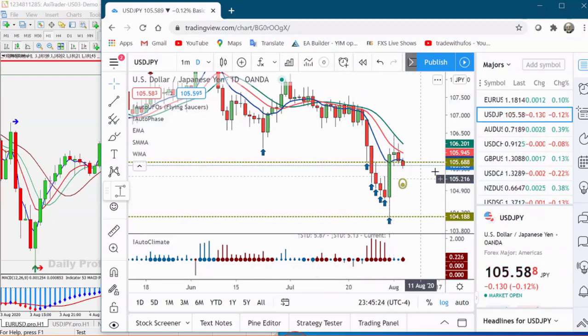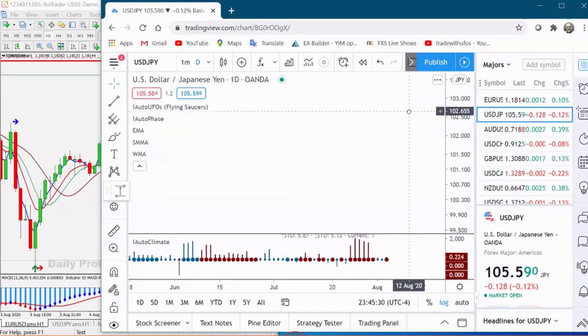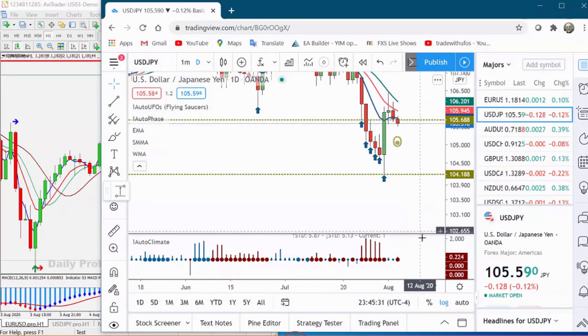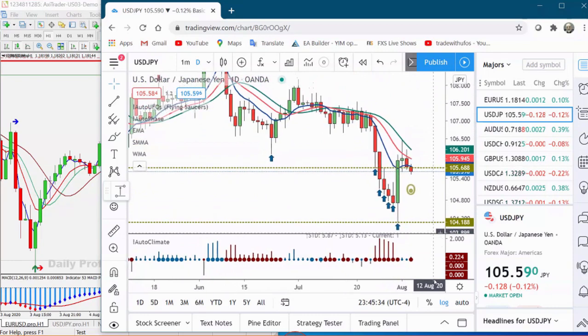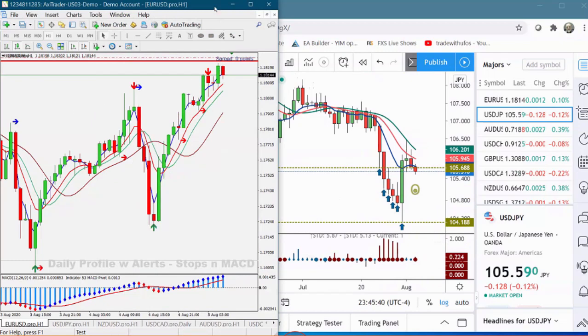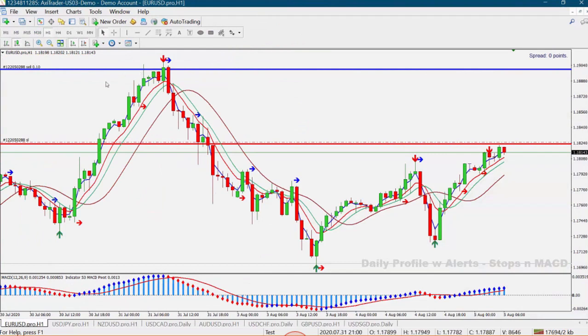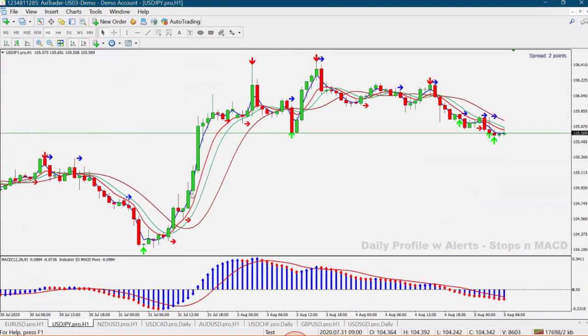So this is coming down. I want to see what's below here. I don't see anything below here on the daily chart. So this might be interesting. Let's see what we come up with on the US yen, on the daily.